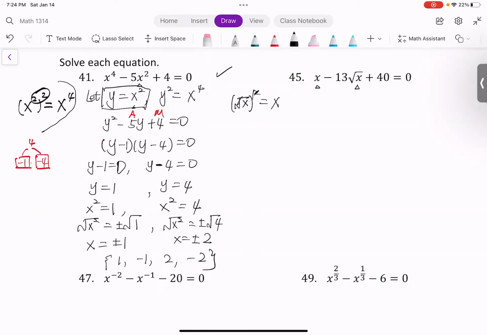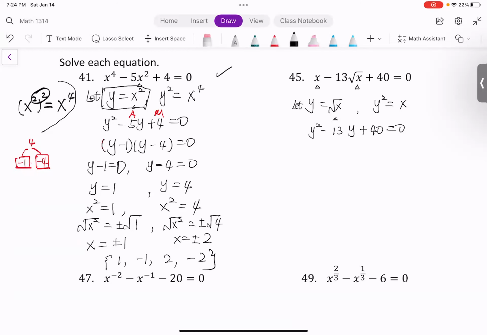So let's use the substitution method. So we can let y equal the middle variable, square root of x. And y squared, we square this part, we have x. Then the new equation is y squared minus 13y plus 40 equals 0.